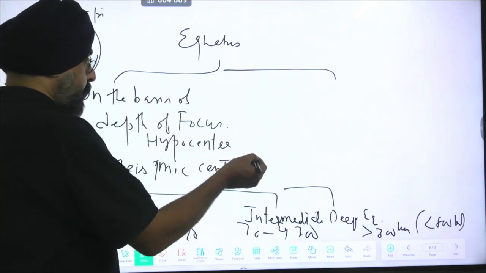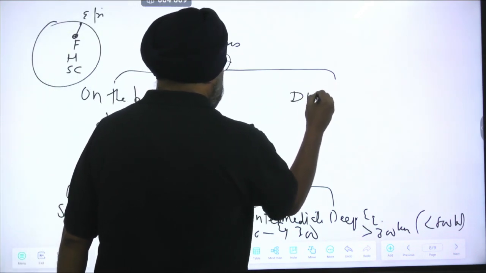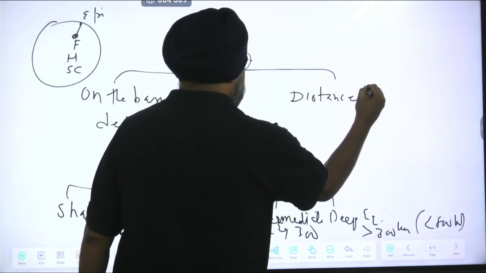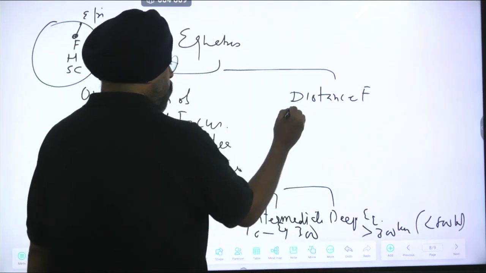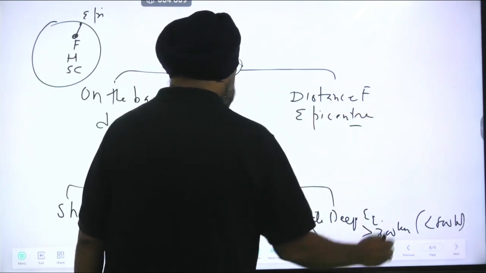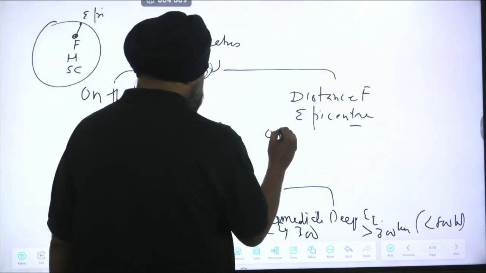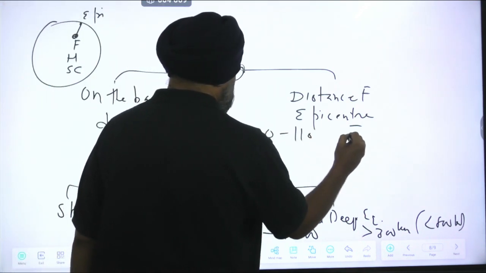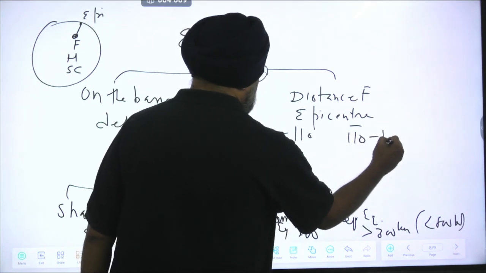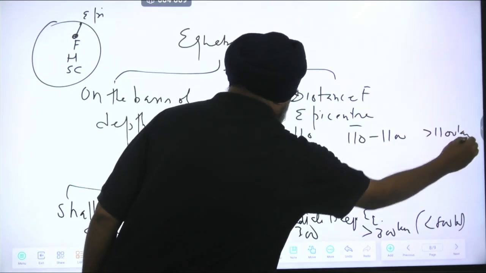Now come to the second one, on the basis of distance from the epicenter. We have 3 types of earthquake. Distance is 0 to 110 kilometers, 110 to 1100 kilometers, more than 1100 kilometers.